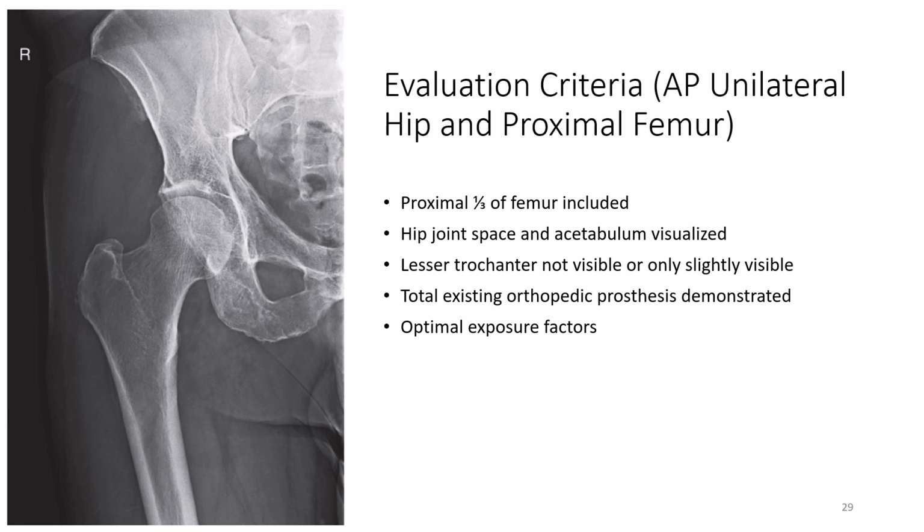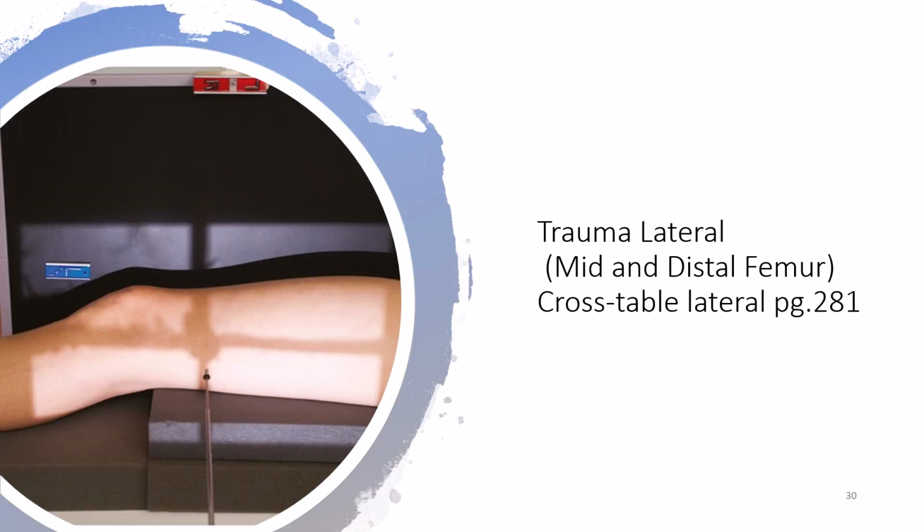But then if it is trauma and the patient is not able to move, or you're significantly concerned about fracture, then we would do a cross-table lateral, which is also back on page 281. You can see in this image they have the patient lying on their back. The IR is placed between the patient's legs.